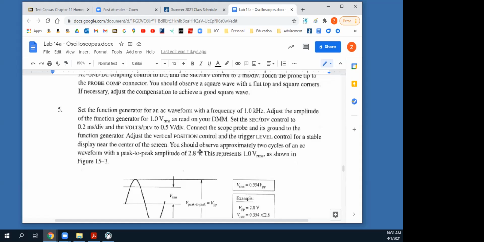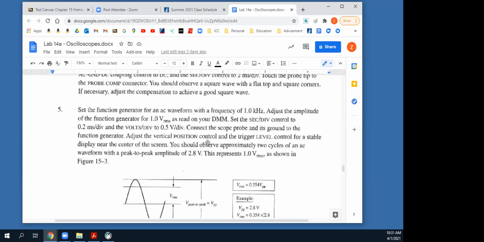Peak to peak amplitude. How do we read that? Let me show you what I'm going to do. I'm going to move this down so this lower peak is right on the dotted line. I'm going to adjust my vertical position so that goes down to there.